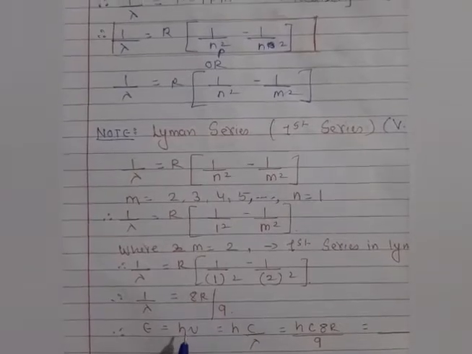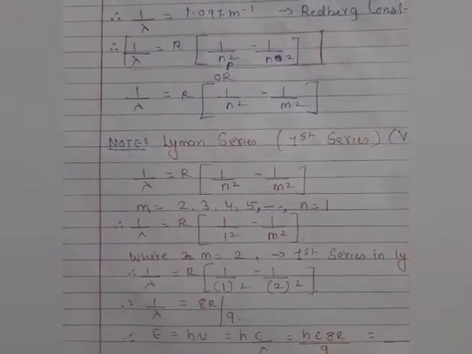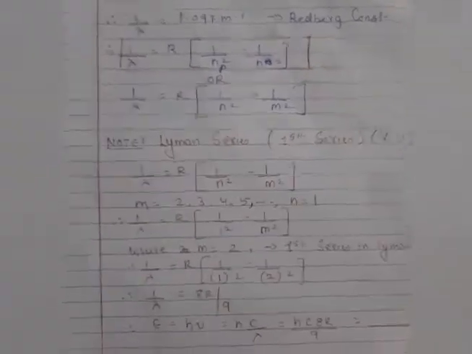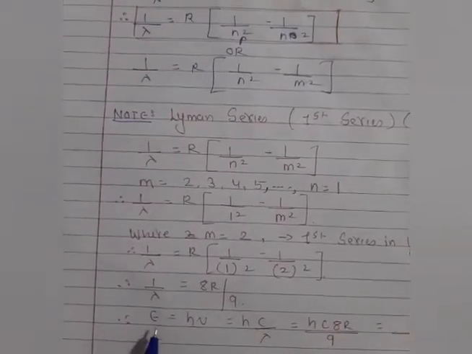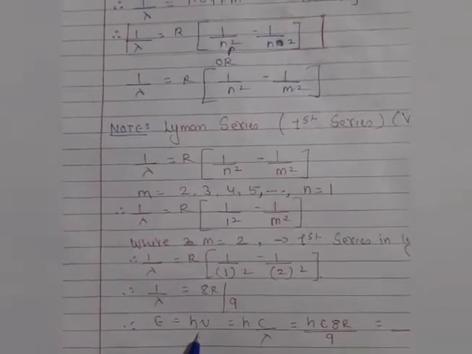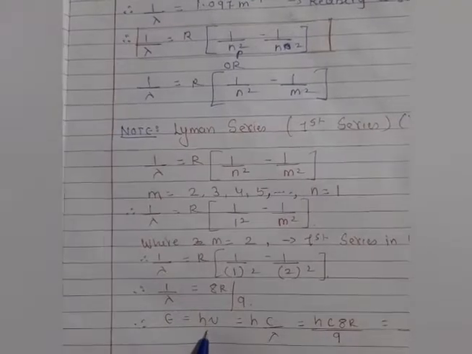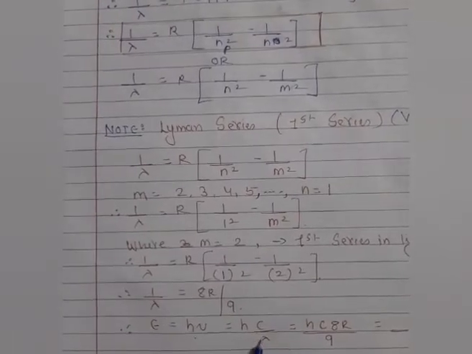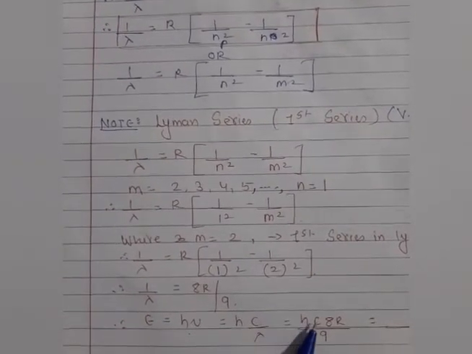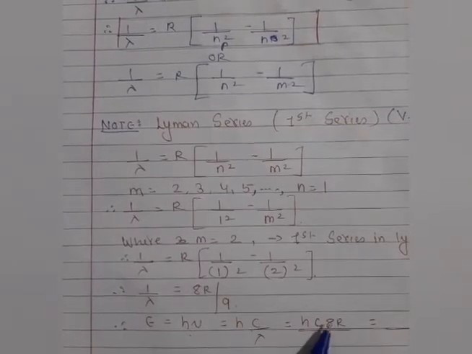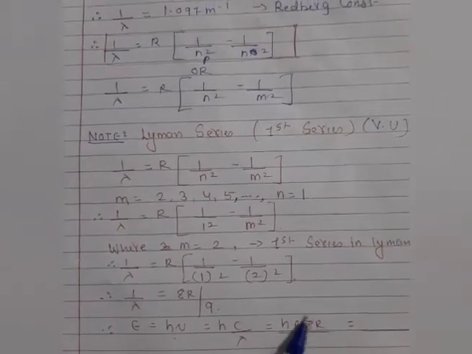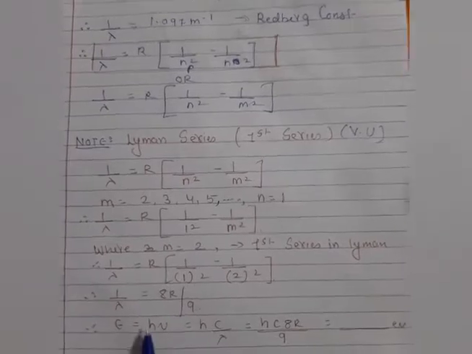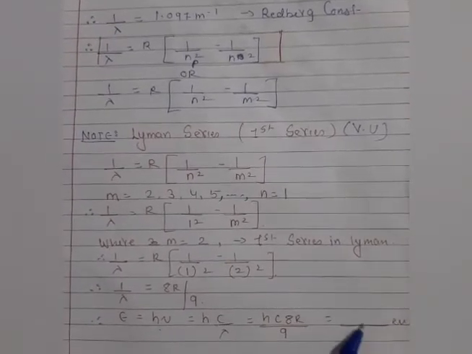So if we want to find out the energy of the first wavelength of the Lyman series, how to find it? That is E is equal to h nu, because the energy of an electron is nothing but in the form of photons. So that is hc by lambda. Here we can substitute c as it is, and the value of lambda as 9 by 8R. So in this way, students, when we go for the calculation, we get the value of energy in electron volts.